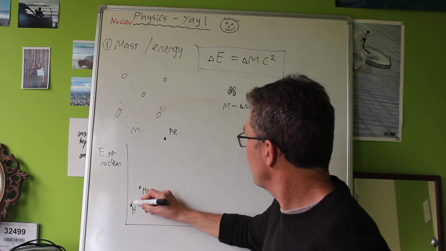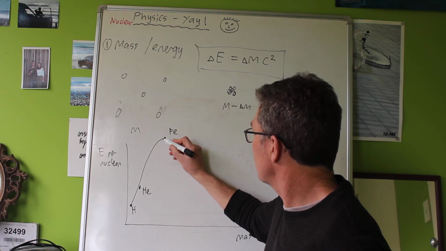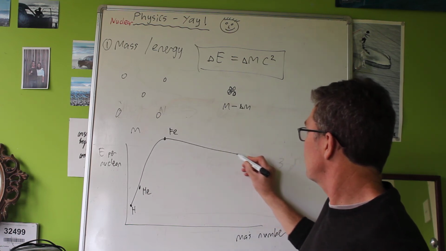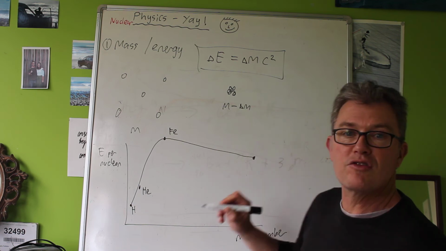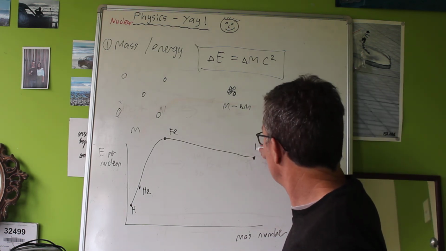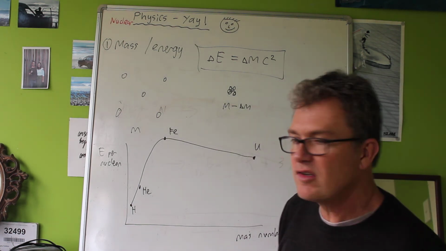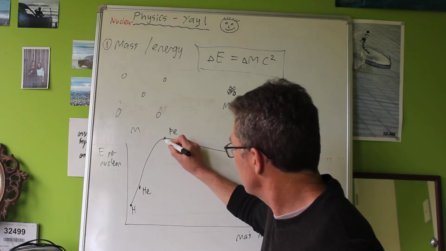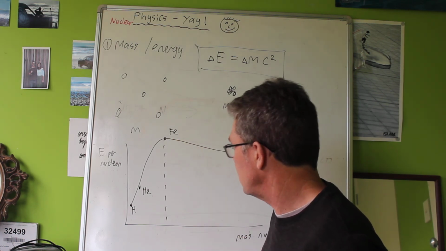So we have this sort of rough curve like this. And then it goes down a bit like that. And right out this end we have uranium. Now what this means is there's kind of a watershed here.